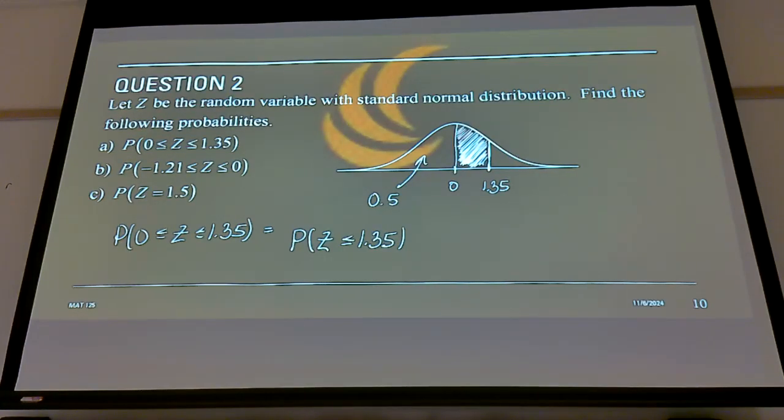What are we going to have to do to it to find our desired area? We already have the z-score, it's 1.35. So we'll add it to the 0.5. Add that, or multiply.